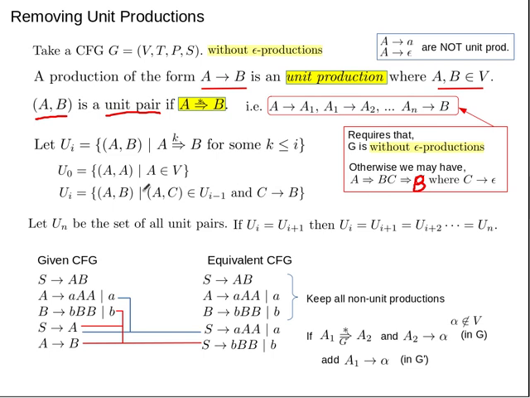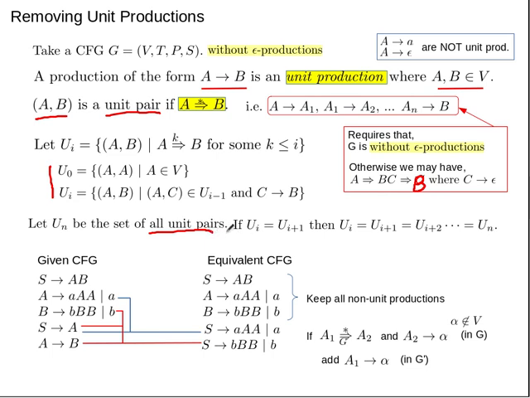So if this is the case, then this AB pair will be in ui. So again, this gives you a recursive definition of this ui, like all those things that we have done before in the previous two lectures. So there will be some n such that this un contains all the unit pairs.